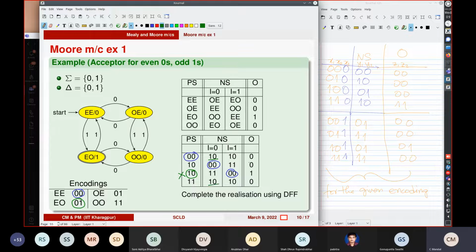So this table also needs to be corrected. EO and OE are all the same. So this table needs to be corrected as well. Sorry about that. So this table is faulty. This output is okay, this is trivial, but there are mistakes here, so I'll have to correct that.